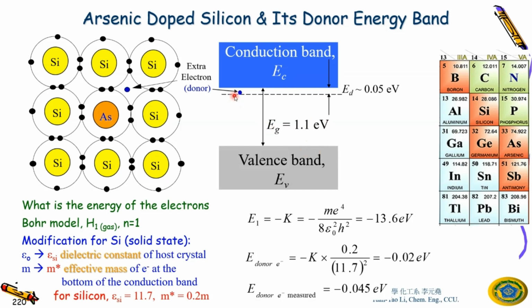However, for this donor, how much energy do you need to let this electron become a conductor, to make this electron go to the conduction band and make electricity? The answer is 0.05. So this is much easier, right? This energy is much easier than 1.1 to pump the electron from the valence band to the conduction band.